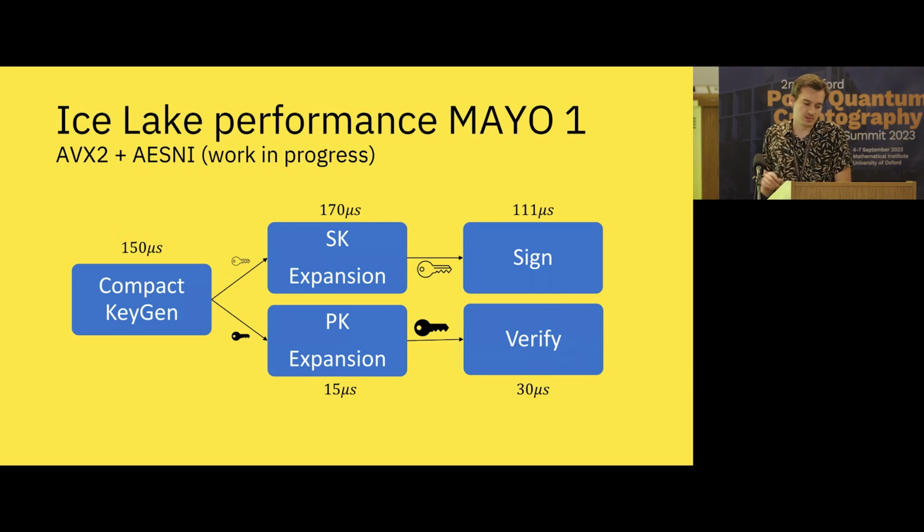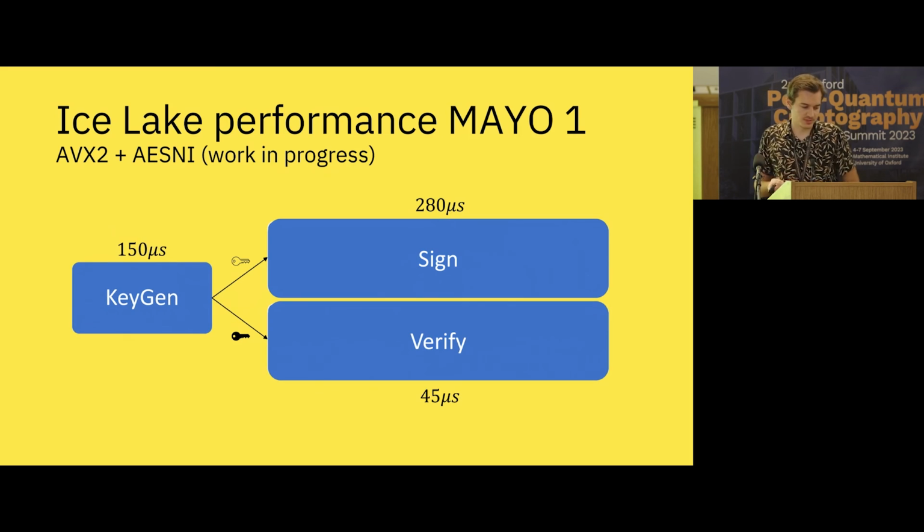So in those kinds of situations, it could really make sense to only do this expansion part once and then store the bigger public key, at least if you have the space for it, and then use this bigger key for all your signing and verification operations. But if you put them in one big signing and verification algorithm, then you have like 300 microseconds signing and 45 microseconds verification. So it's still very fast.